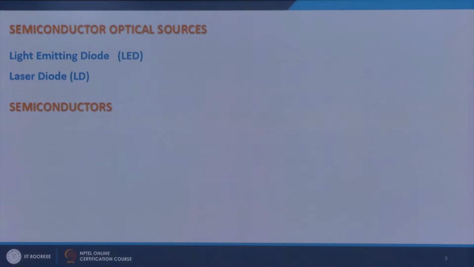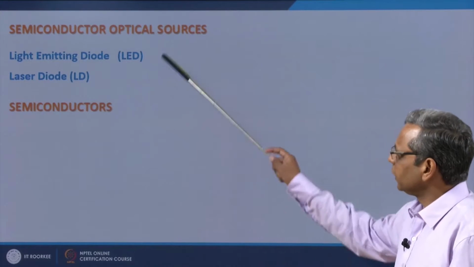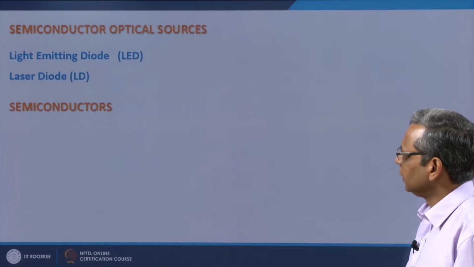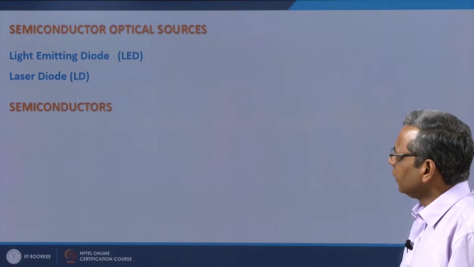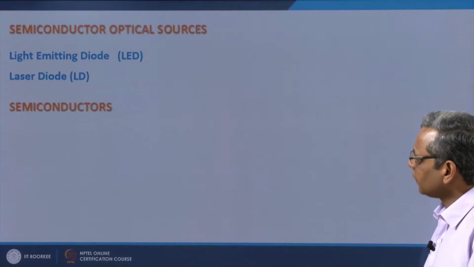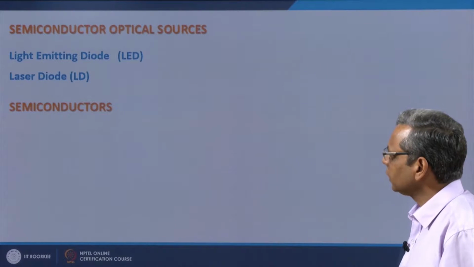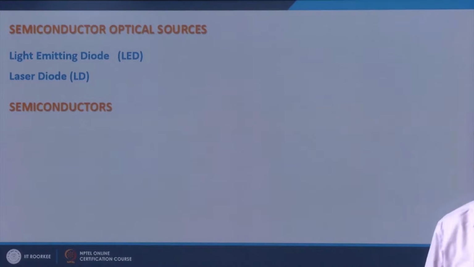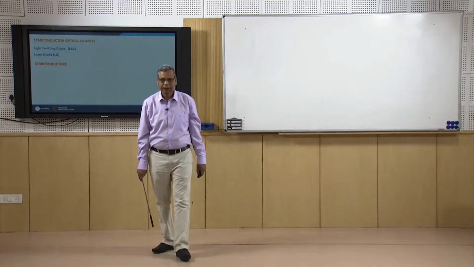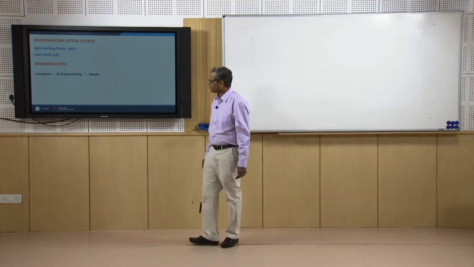We will discuss these two sources in these lectures. To understand the working and characteristics of these sources, first let us look at semiconductors. Let us briefly discuss the basics of semiconductors which we are going to use in these sources.